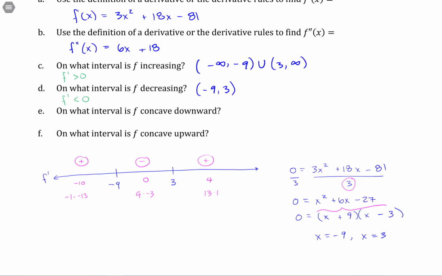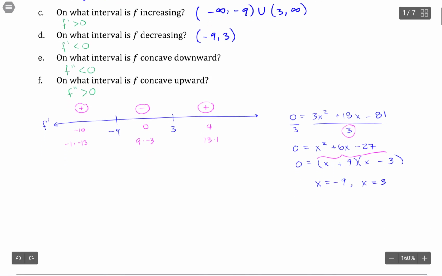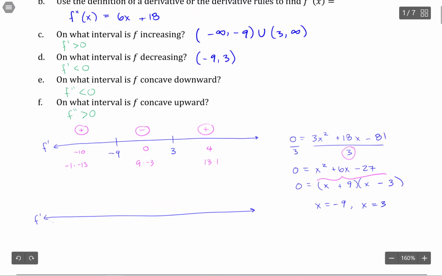All right, then the intervals where we're concave downward or concave upward, the process really is the same. All we're looking for here is now for concave down, where is the second derivative less than 0? And for concave up, where is the second derivative greater than 0? So we just need to take the second derivative, put all of its zeros on a number line.